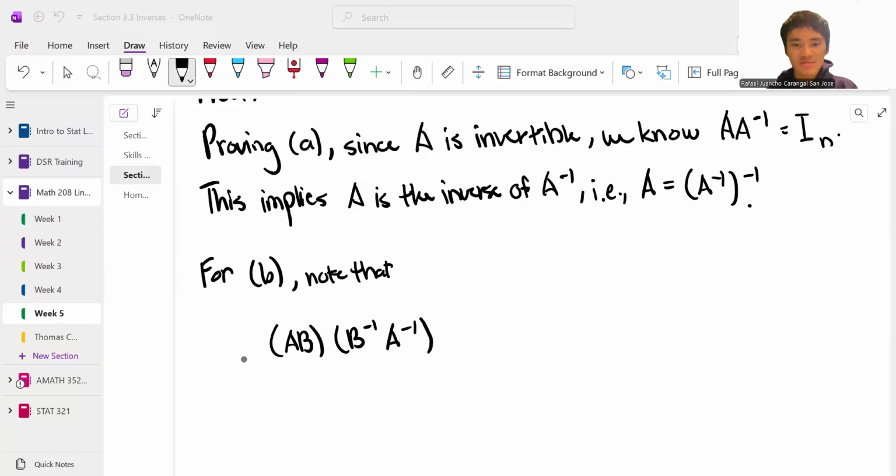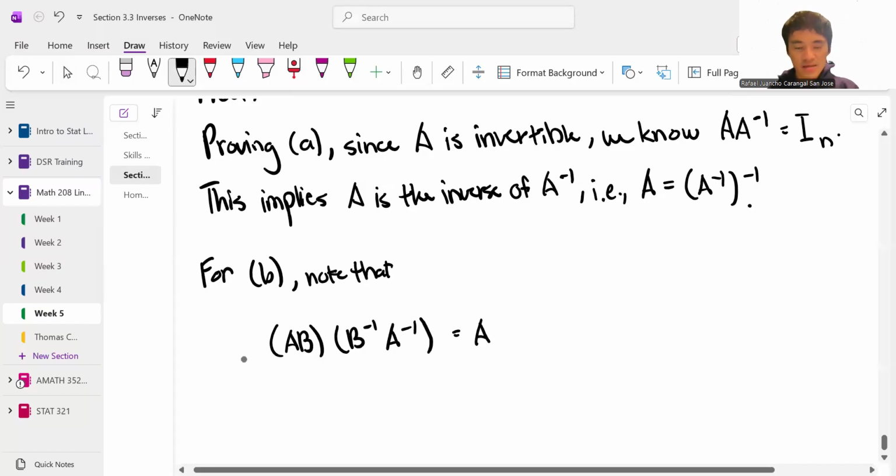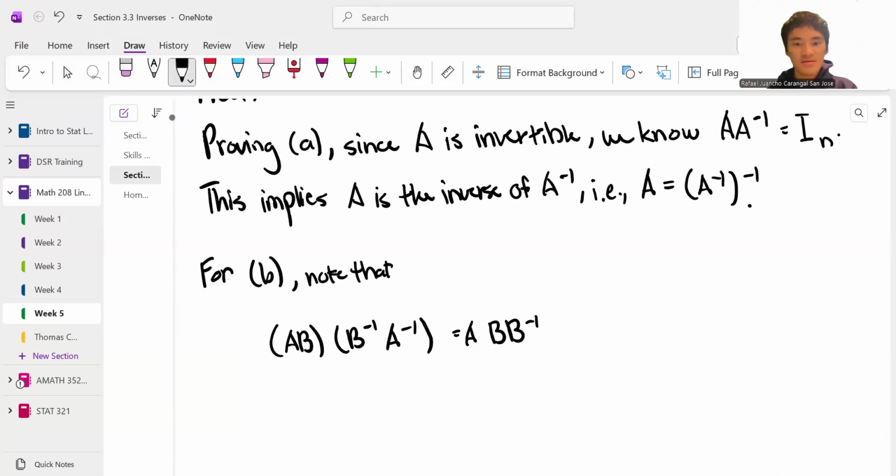is equal to A, B, B inverse. So here, I'm actually just using one of the properties of matrix multiplication where I'm multiplying B and B inverse first.